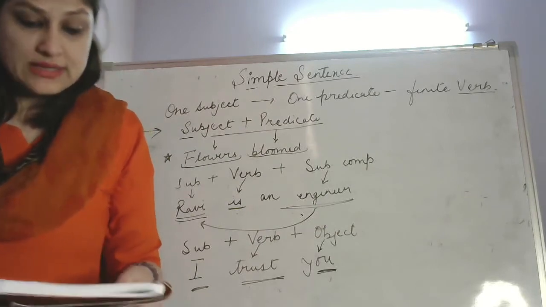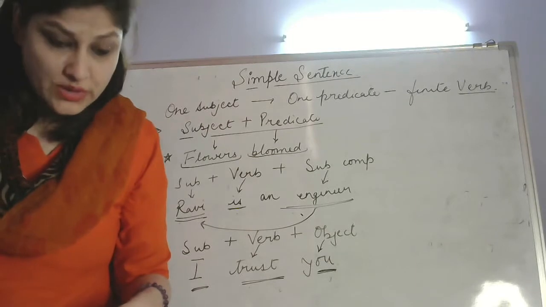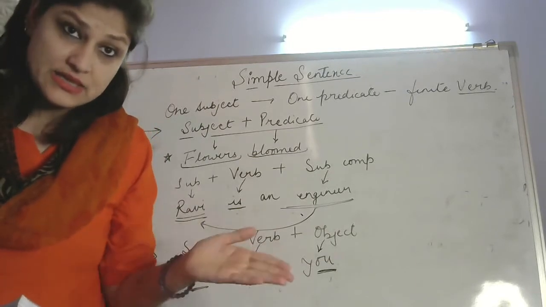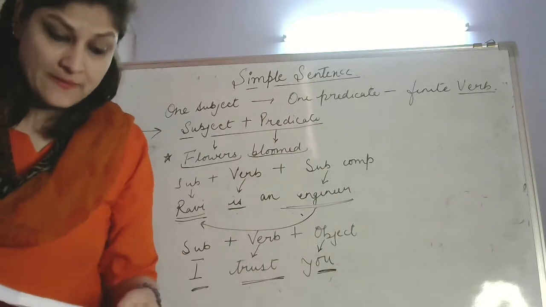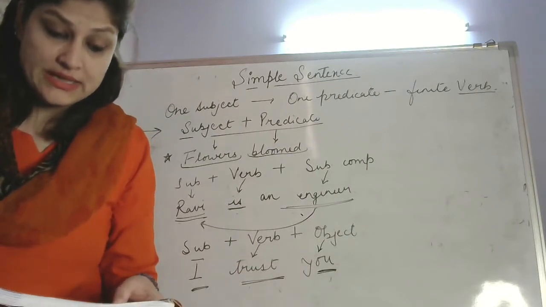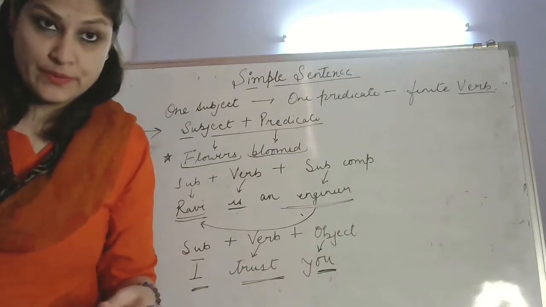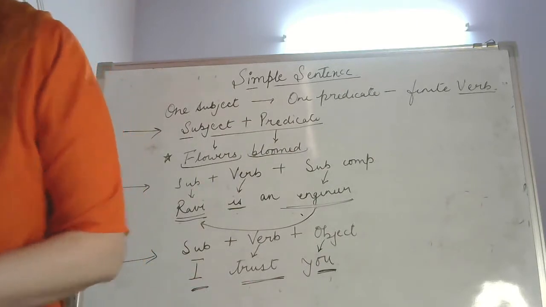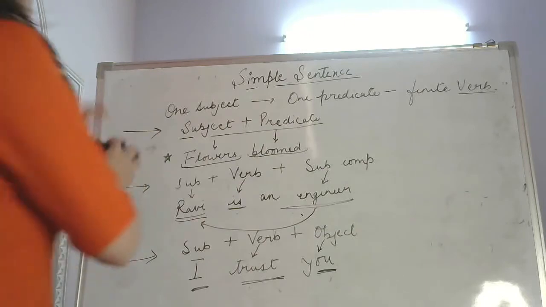Now, another one that we have is subject plus verb plus object plus object. One object is indirect, the other one is direct. See the sentence given here, my dad bought me a laptop. Now, I'll rewrite it here to explain it. Otherwise, you won't understand. Give me a minute.